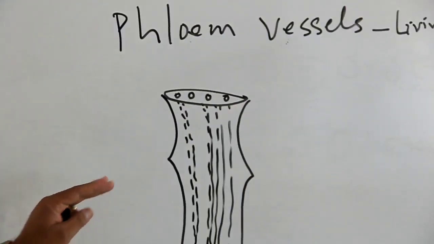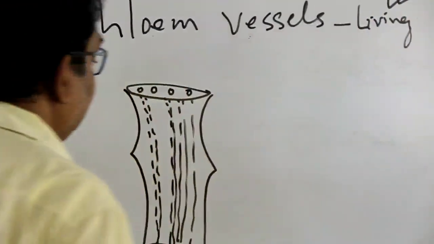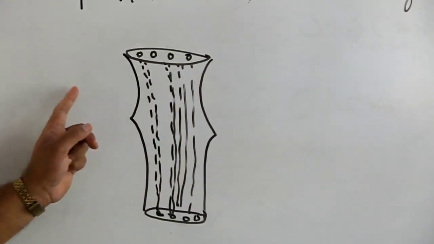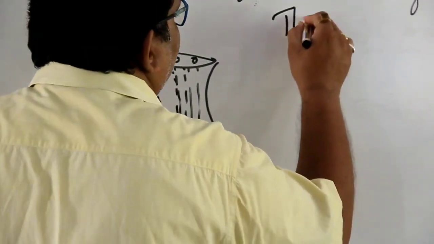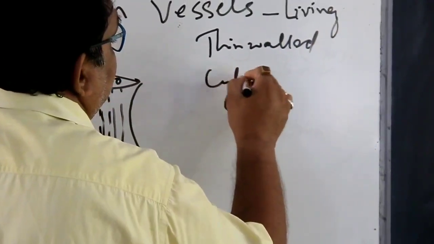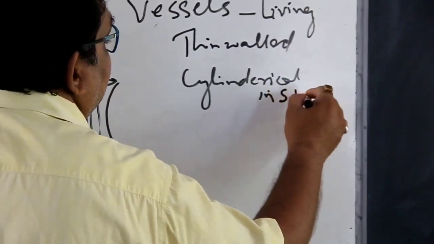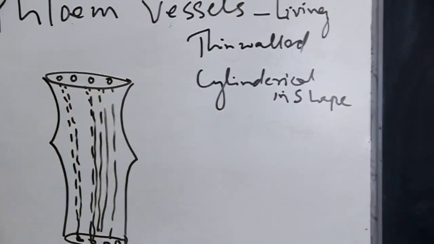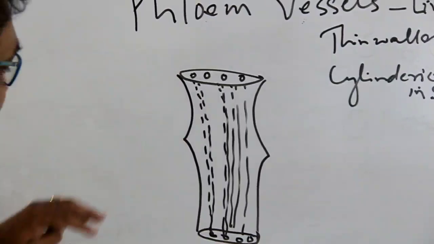Right. So this is a living structure, as I have already told, and thin walled, cylindrical in shape. As you see, it is a continuous channel, one above another.